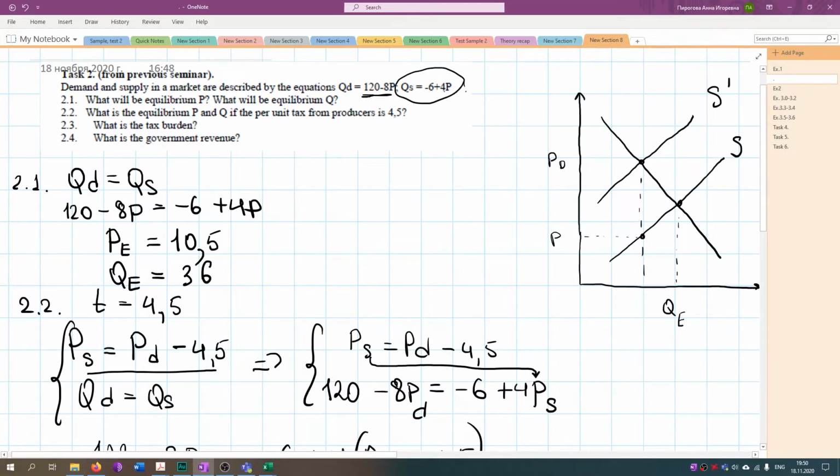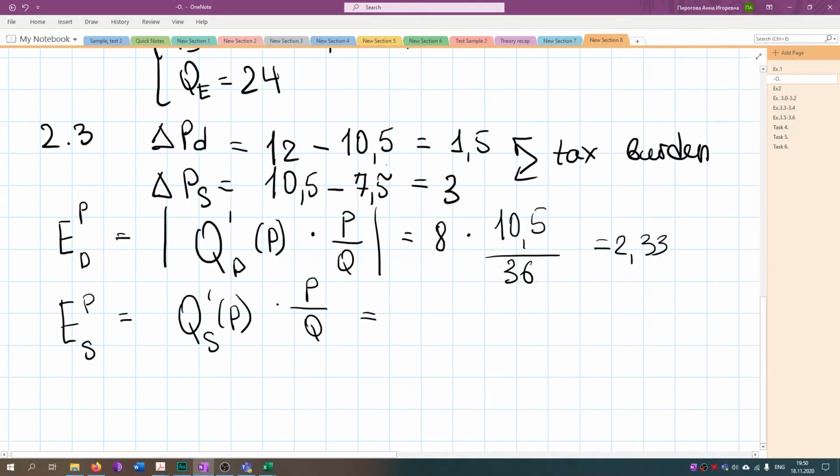If we take the derivative of this function, we will take only the coefficient before p, it is 4, so we write 4 multiplied by, so the price is equal to 10.5 and quantity is equal to 36, and our elasticity is 1.33.